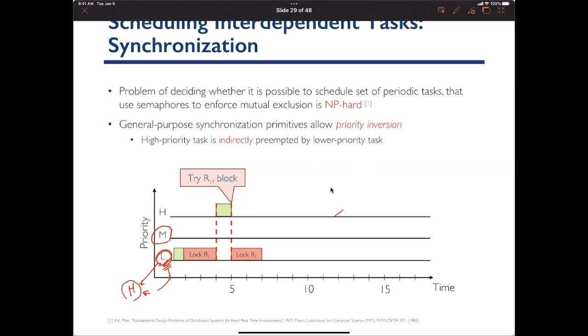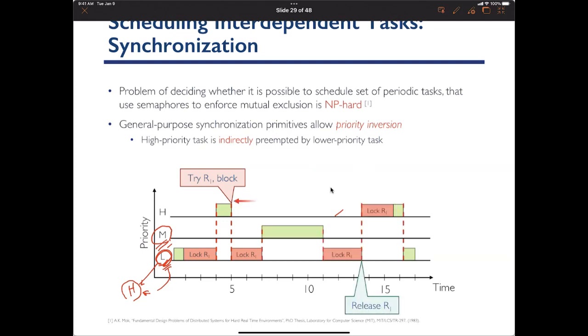I'm not going to stop the running task to switch to the medium priority. I'm going to continue running the low priority task that has now inherited the priority of the high priority task. And by doing this, we're going to prevent priority inversion.